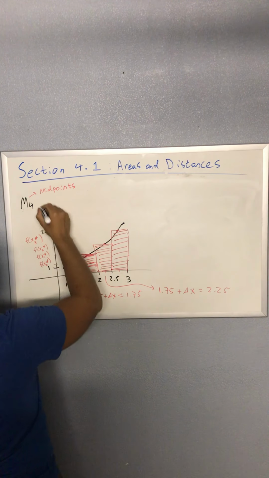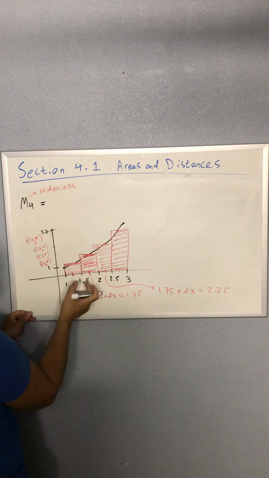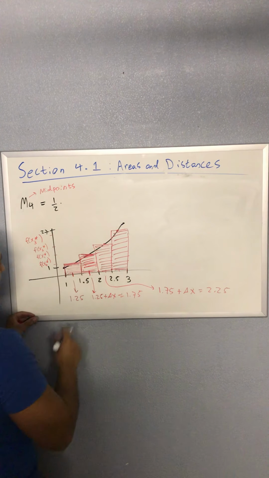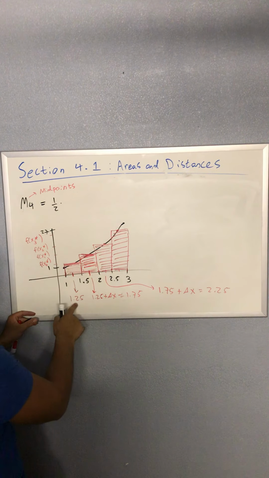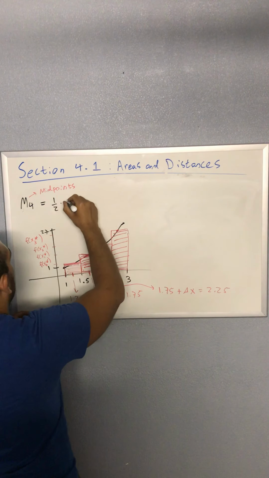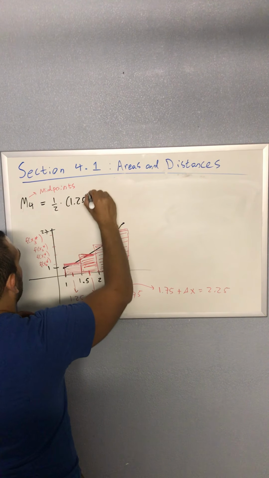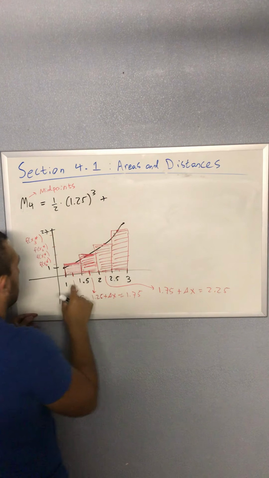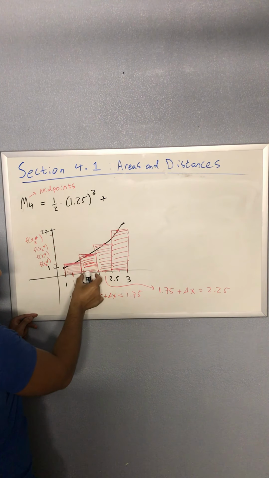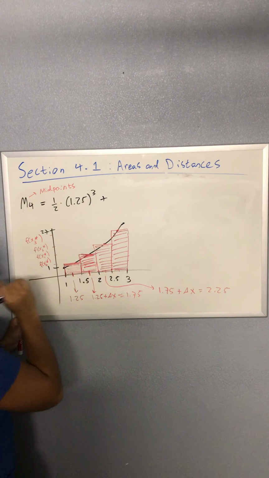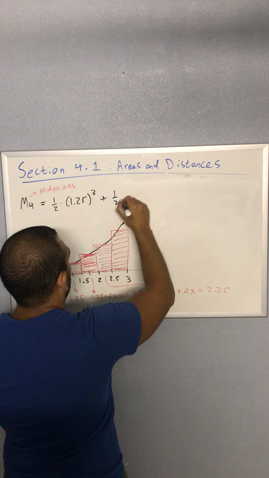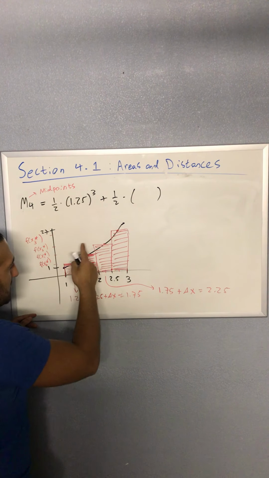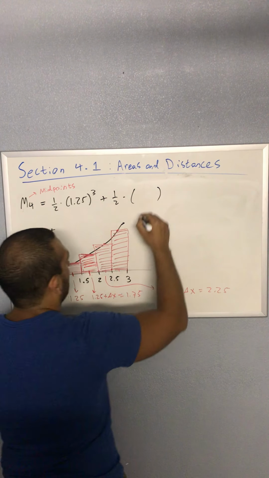That's going to be, what's the width? It's a half. So 1/2 times, what's the height of this? Well, it's 1.25 cubed, right? That's the area of this rectangle. And then again, what's the width of this rectangle? Again, it's a half. And then you multiply that by now, what? 1.75 cubed, because that's how high we went up.